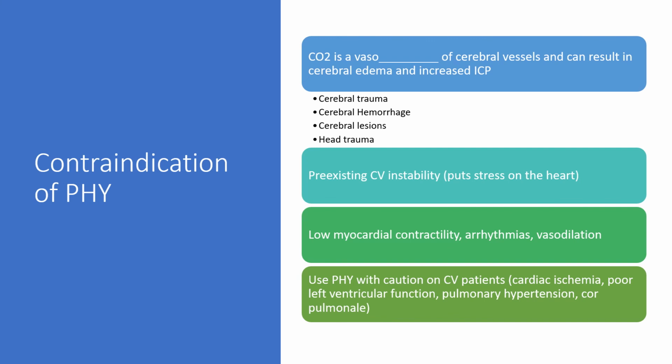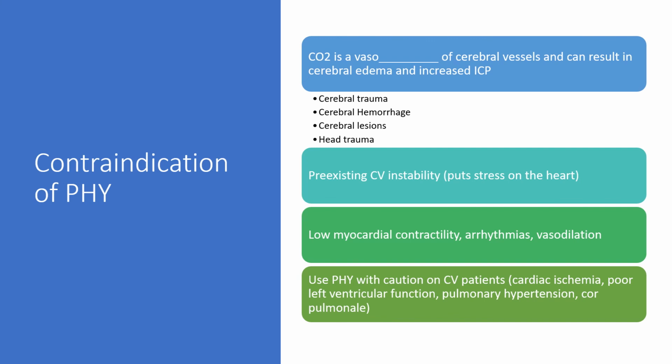This one, if we retain CO2, it'll cause vasodilation of the cerebral vessels, and you could get cerebral edema and increase your intracranial pressure. So if you have someone with a cerebral trauma, cerebral hemorrhage, cerebral lesions, or any head trauma at all, this might not be a good patient to do permissive hypercarbia on.